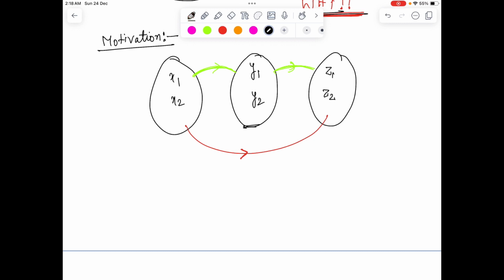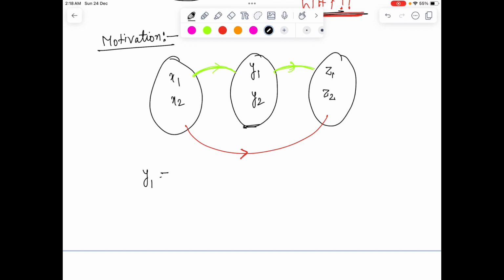Now you can relate them in any way. You can relate y1, y2 in terms of x1, x2 using some quadratic expression, cubic expression, sinusoidal way, maybe logarithmic way. But what I'll be doing right now is a very simplistic case, which is using linear expressions.